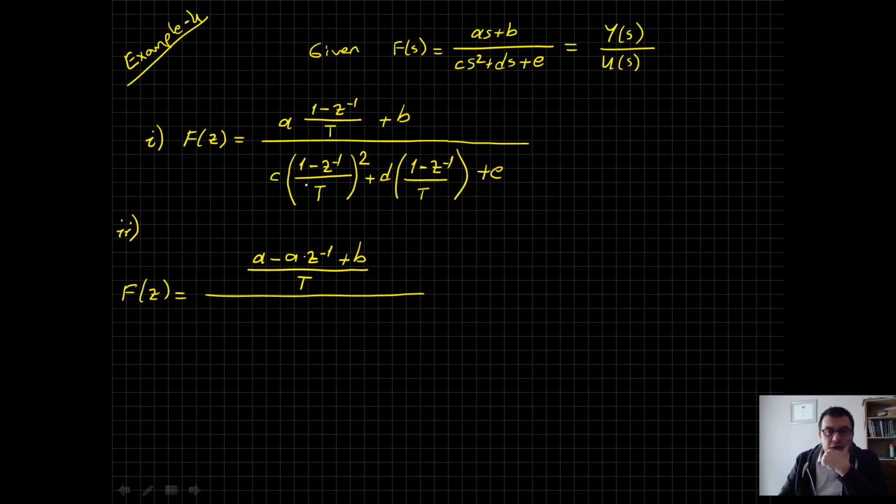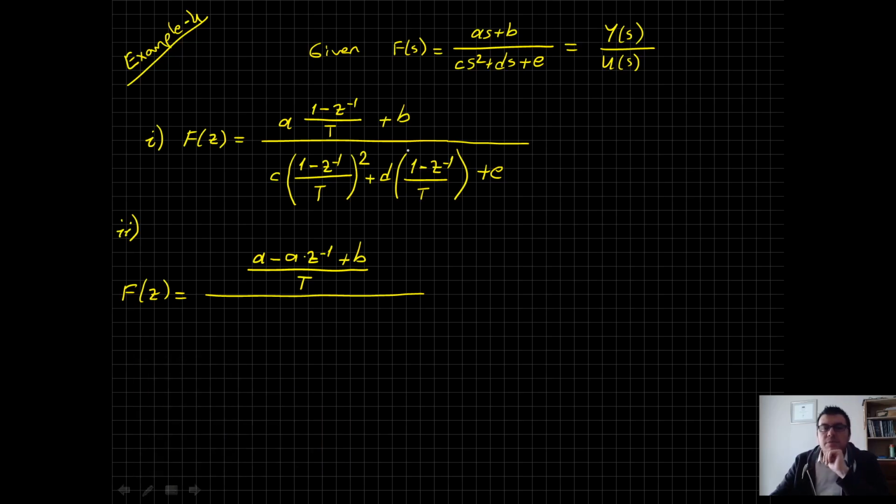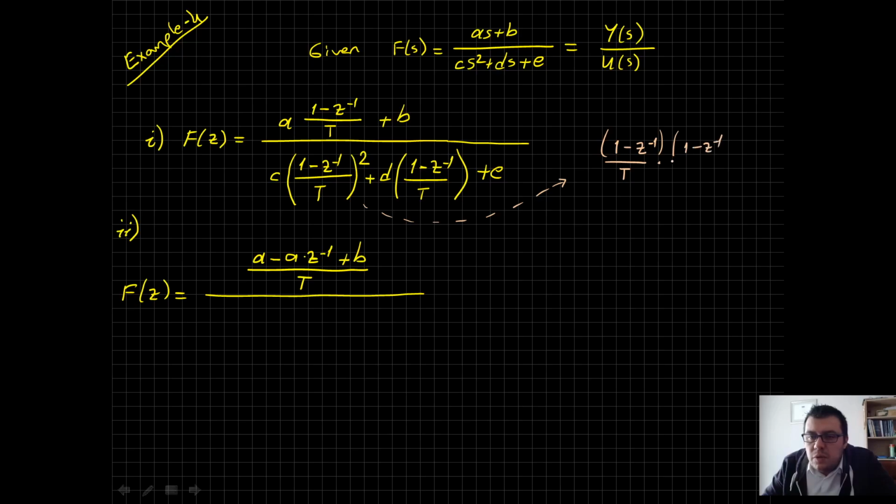Now here we have c times this. Let's try to find out what the square of this function corresponds to. Okay, 1 minus z^-1 over t squared. So this is 1 minus z^-1 over t times 1 minus z^-1 over t.